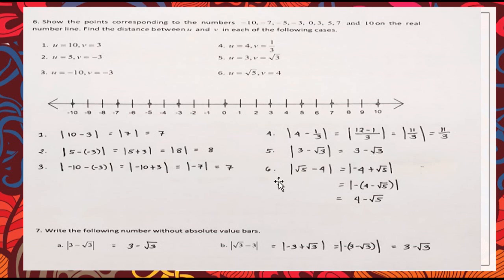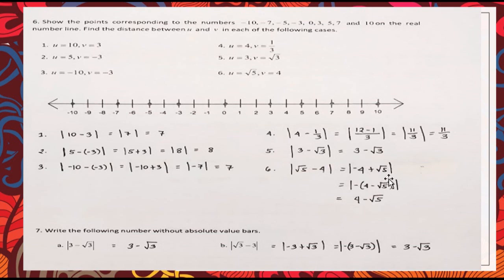Then, number 6. When u is square root of 5 and v is 4, so square root of 5 minus 4. So, since mas dako man ni si 4 kaysa ni square root of 5, so mao na nga ma-negative siya. So, kung ibali na to ni, that is negative 4 plus square root of 5.